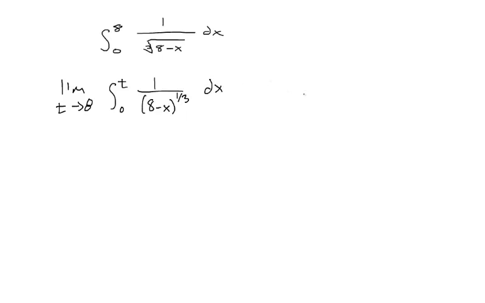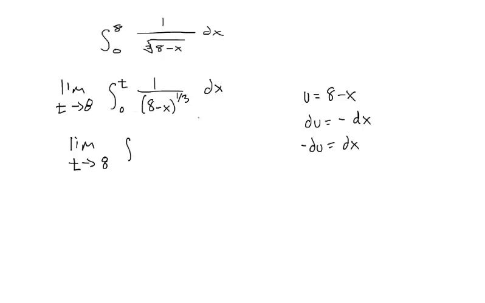And now we're going to use our u substitution. So u is equal to 8 minus x. du is equal to negative dx. And then I'm going to say negative du is equal to dx. So now I can rewrite. So I have the limit as t approaches 8 of the integral.